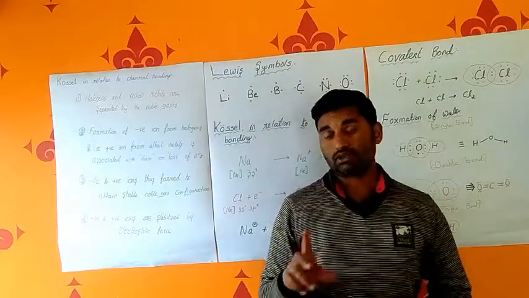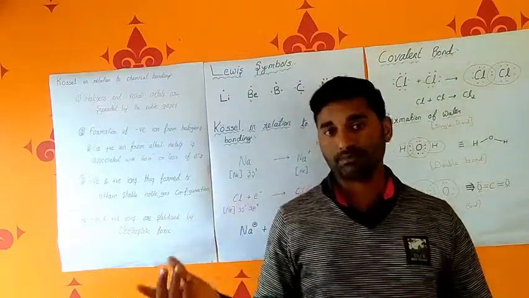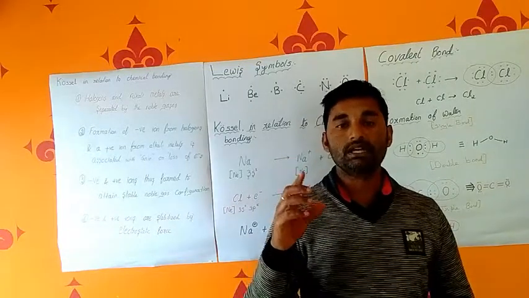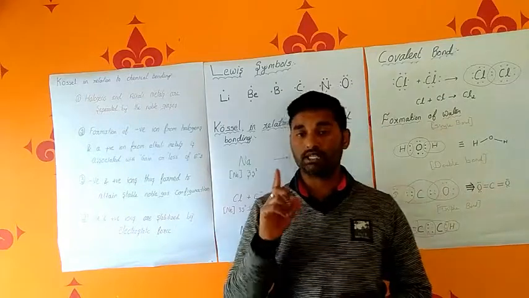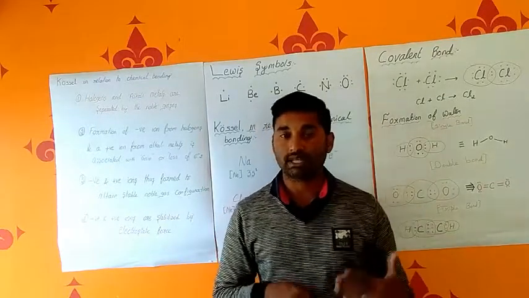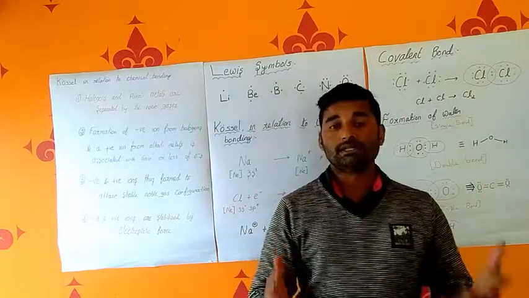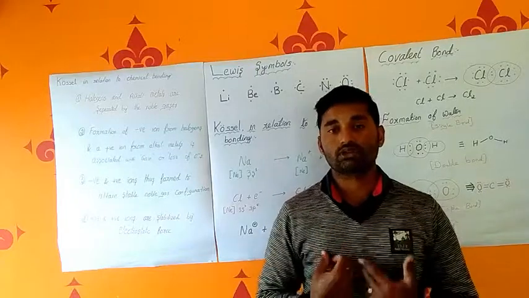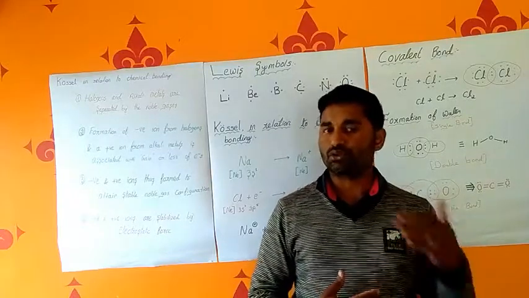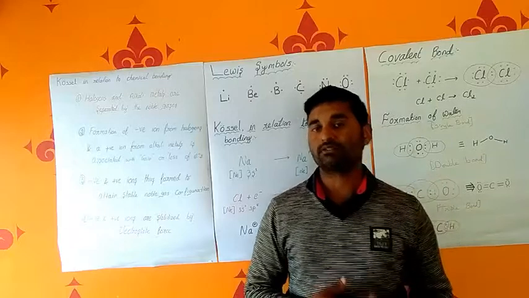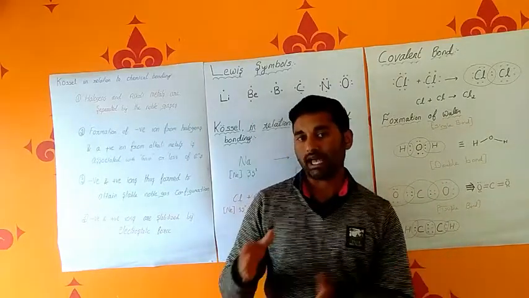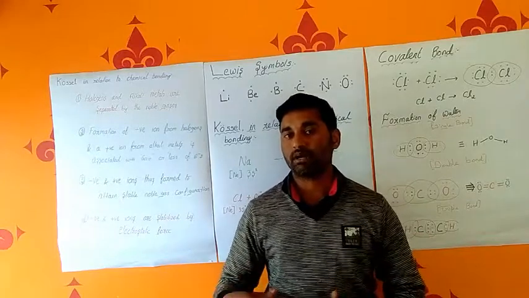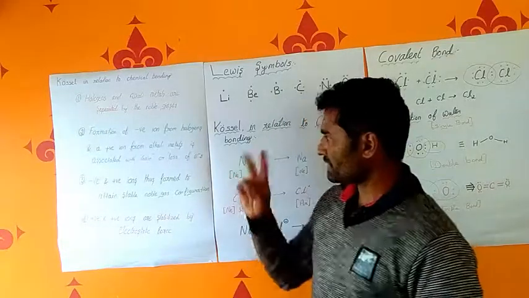Halogens have 7 electrons in their valence shell, because alkali metals should transfer or lose 1 electron to attain stability, as well as halogens should receive or gain 1 electron to attain stability. So as per the first postulate of Covalent theory, he told halogens and alkali metals are separated by noble gas.